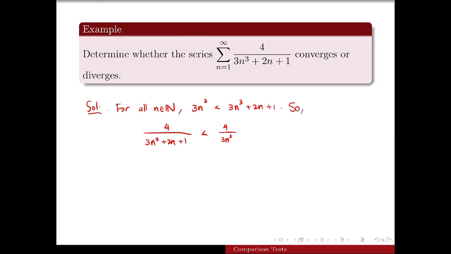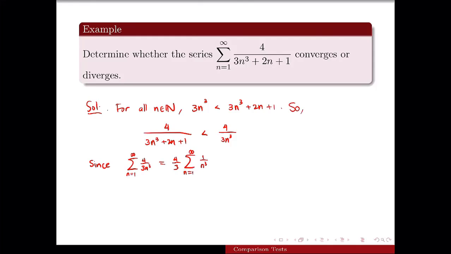Thus, the series of 4 over 3n cubed from 1 up to plus infinity, you can rewrite as 4 over 3 times the series of 1 over n cubed from 1 up to plus infinity. You can factor out that constant.